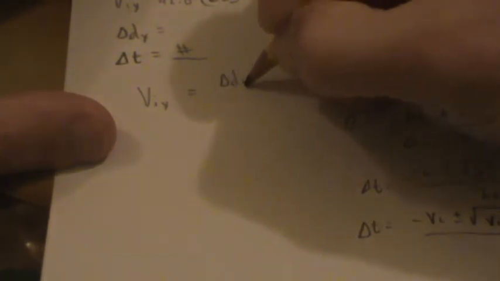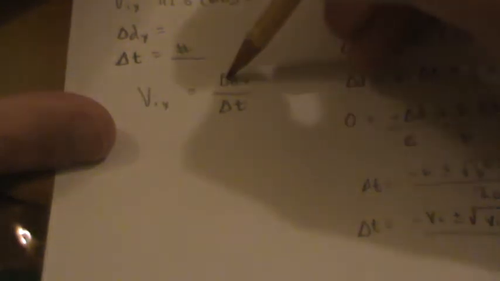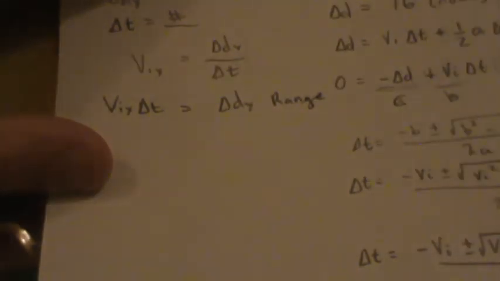Remembering also the velocity equals displacement over time formula, so Vix is equal to delta dx over delta t. Since you're trying to solve for this, delta dx is equal to Vix delta t. This is going to be the range. Okay.